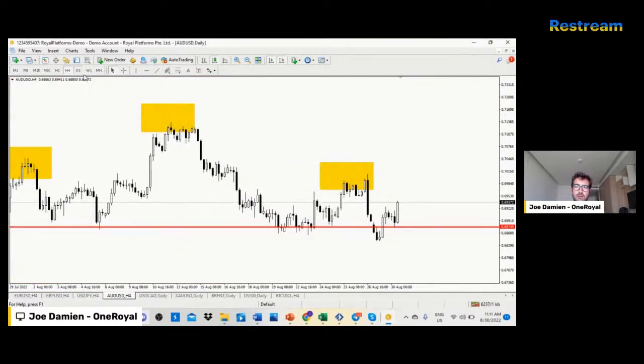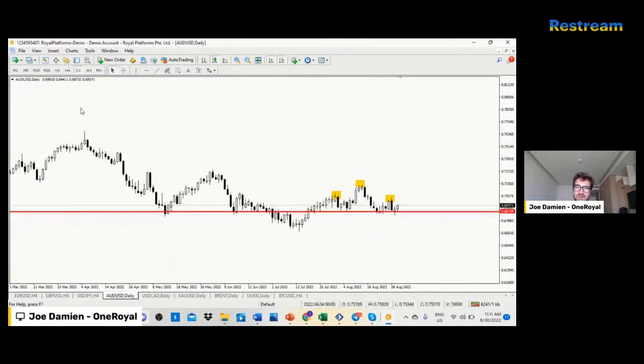Australian US dollar, starting on the higher time frame. The market is still bearish for Australian US dollar, okay? And as I remember, this equals this, okay? They have the same length, the correction. This is a correction here, and this is another correction.